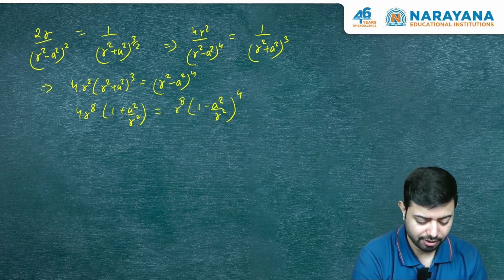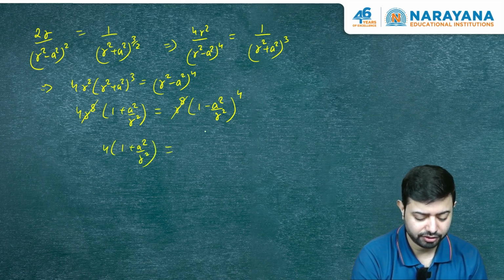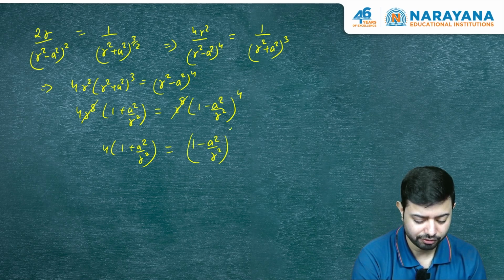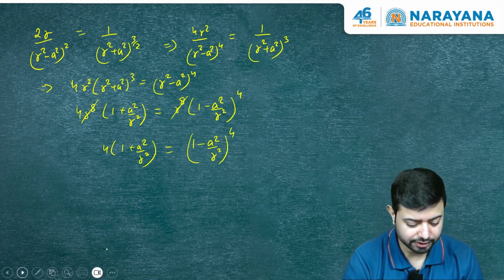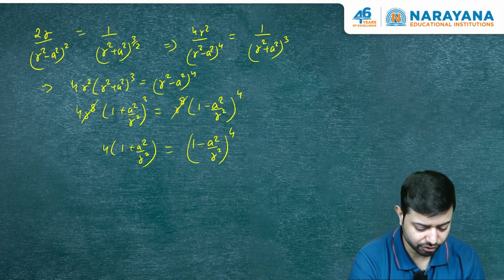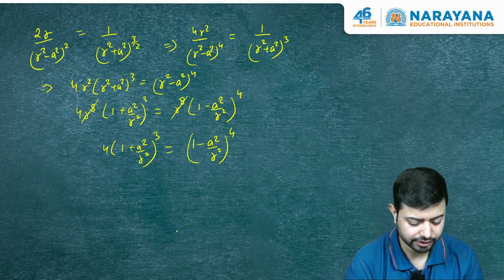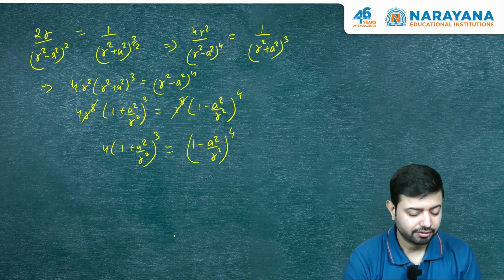Okay. This r power 8 can be cancelled. So, it is something like this, 4 (1 plus a square by r square) cubed is equal to (1 minus a square by r square) raised to the power 4. All right. So, this is where we are heading towards, right. I think we have missed this q. So, put that one also over here. So, this is the thing we are getting.